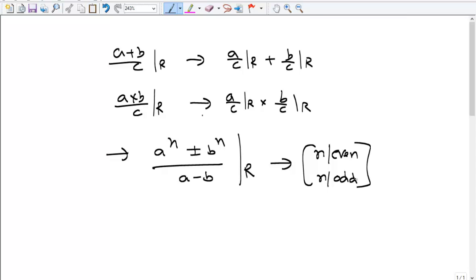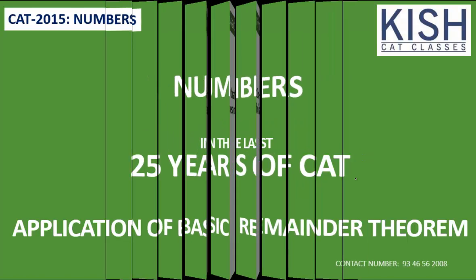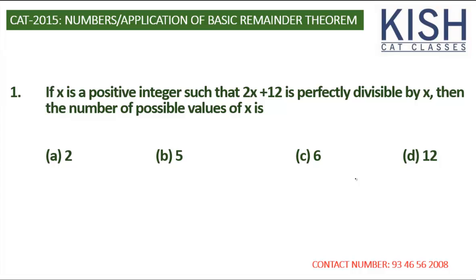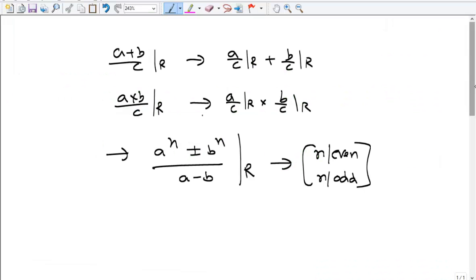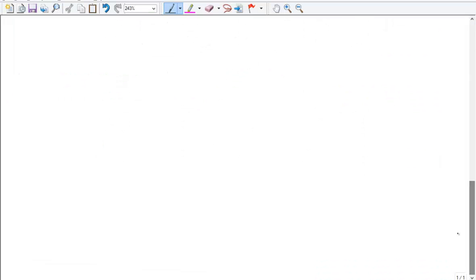So let's go through question number 1. If x is a positive integer such that 2x plus 12 is perfectly divisible by x, then find the number of possible values of x. This must be very simple. So 2x plus 12 divided by x, the remainder is 0, and we need to find the number of possible values for x.